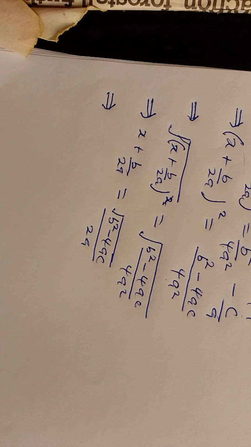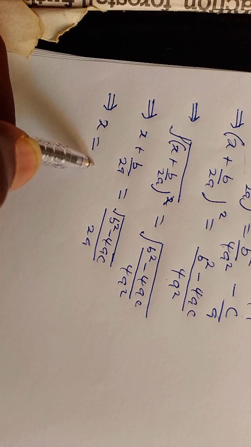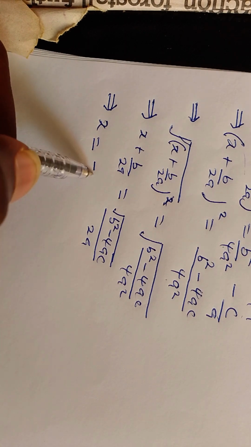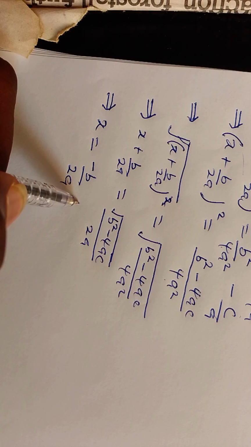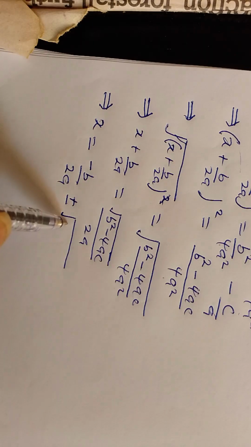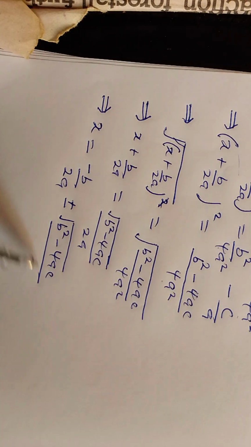So now I can also do something here because I'm looking to make x the subject of the formula. So I can collect the like terms again. That is x equals, if this crosses the border here, it becomes negative, negative b over 2a, plus or minus the square root of b squared minus 4ac over 2a.